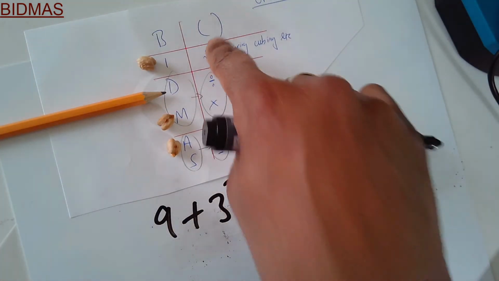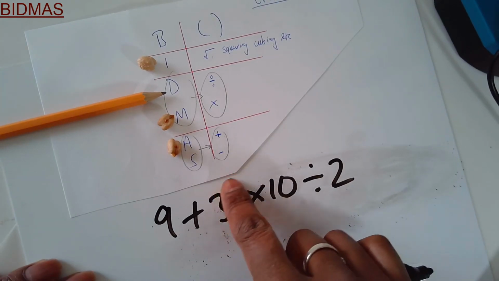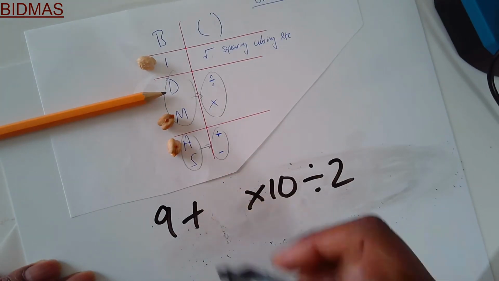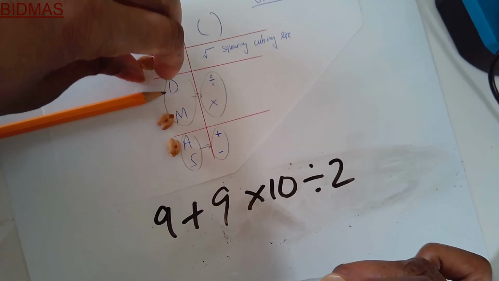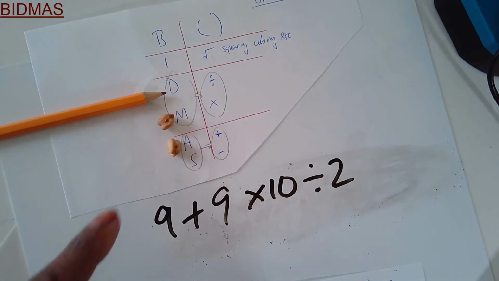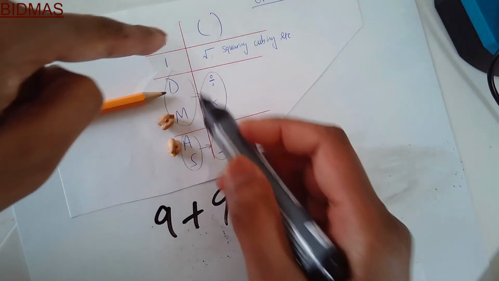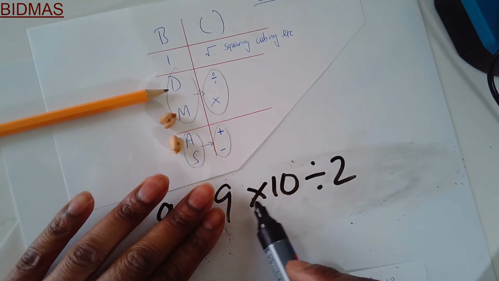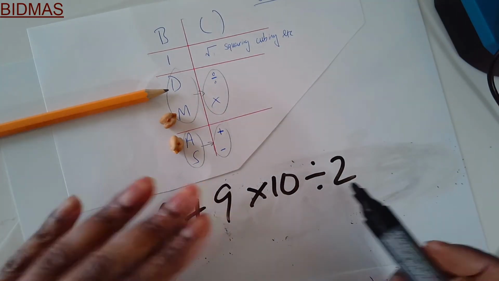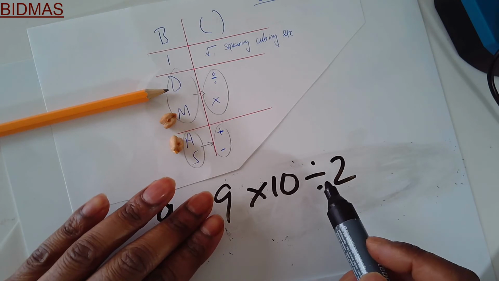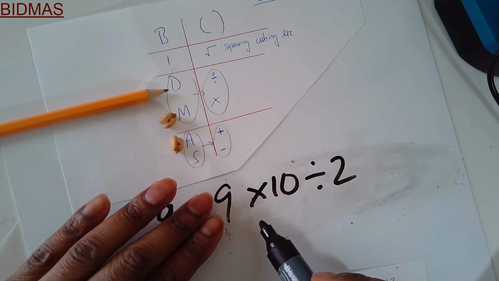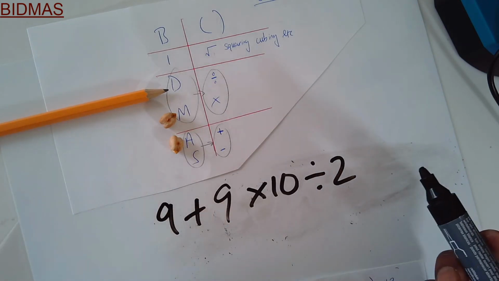So obviously indices first. 3 squared means 3 times 3 is 9. Right, division and timesing are in the same league, so you can just work from left to right. It's not necessary to go out of order, and it makes no difference in this case anyway.